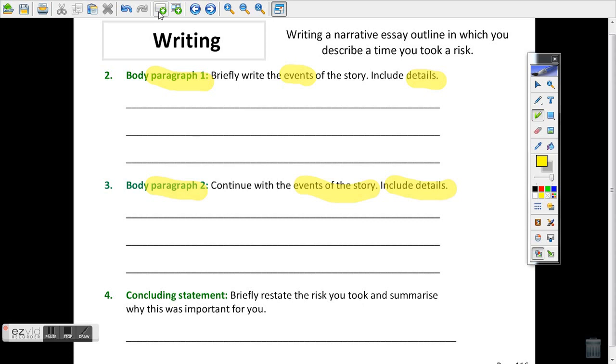So maybe in 1 you can write 1 or 2 events and another 1 or 2 events for paragraph 2. And for the concluding statement, briefly restate the risk that you took. This is from the introductory paragraph, right? And then summarize why this was important for you.